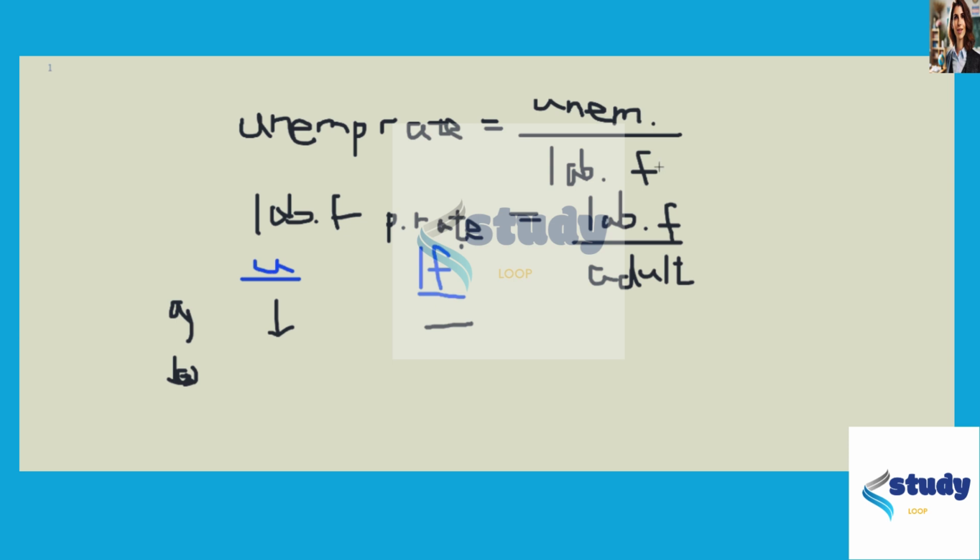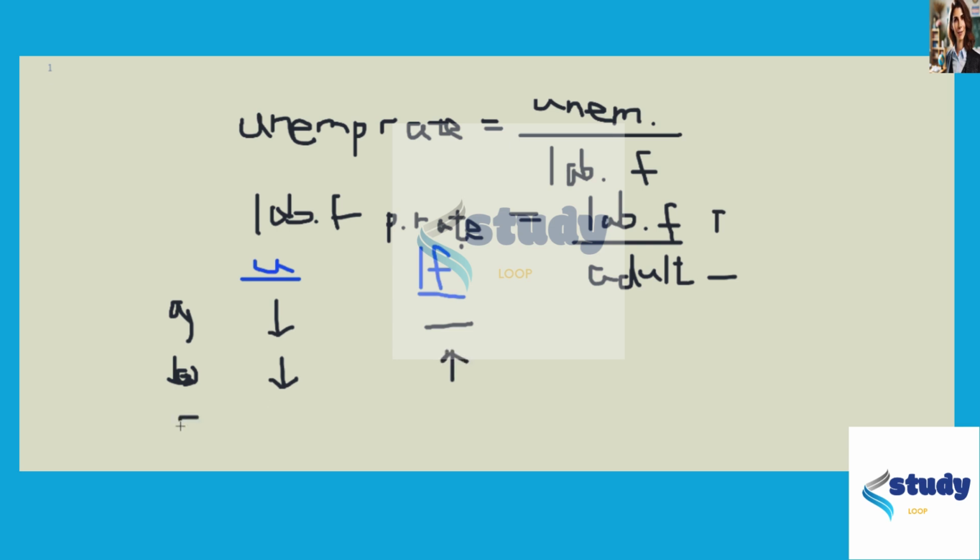So the labor force increased, so the unemployment rate decreased. What happens to the labor force participation rate? The labor force goes up and the number of adults doesn't change because a college student is already an adult. So the labor force participation rate goes up.